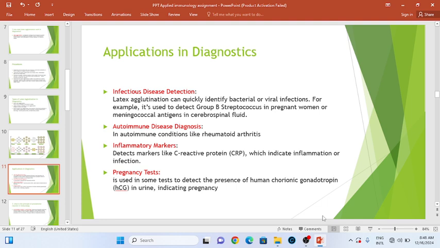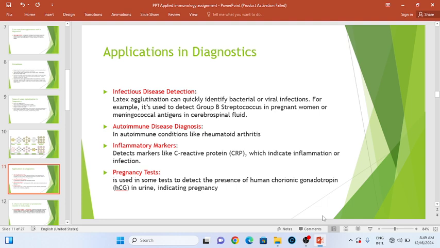Also, it is applied in autoimmune disease diagnosis, like rheumatoid arthritis, and in inflammatory markers, like C-reactive protein, which indicates inflammation or infection.